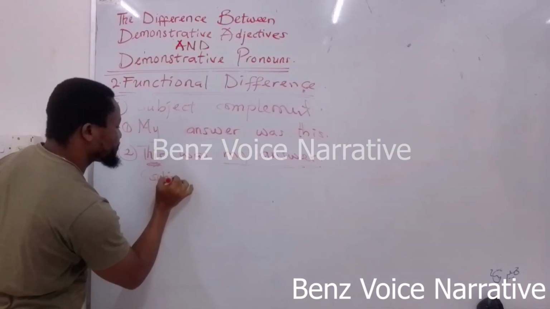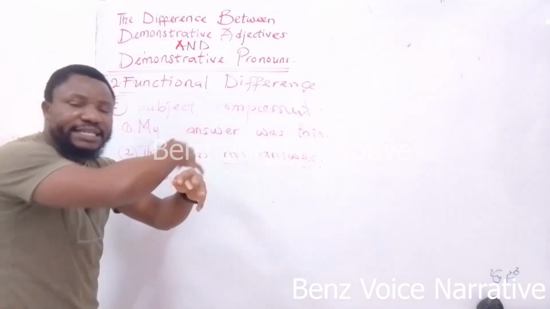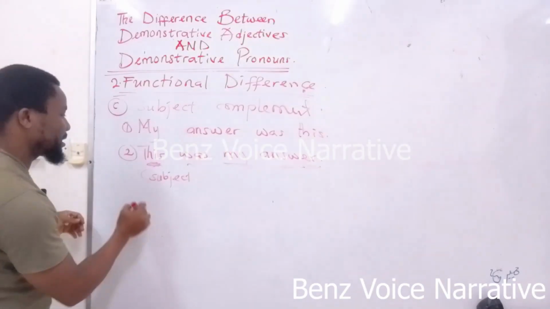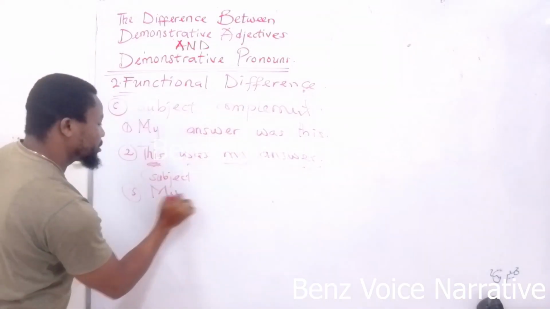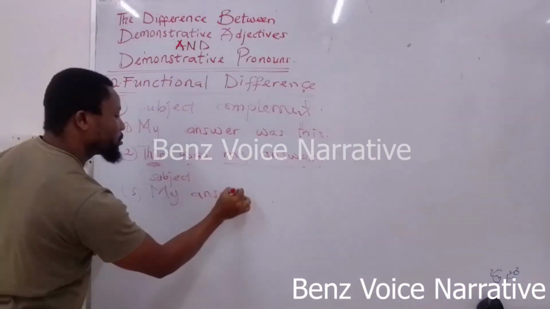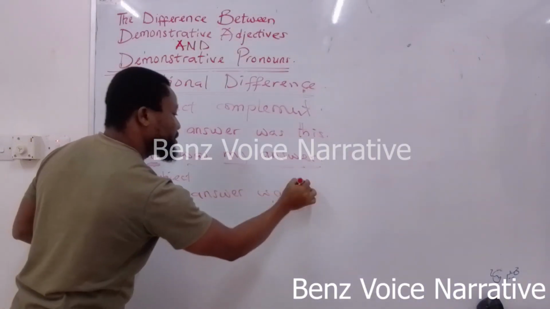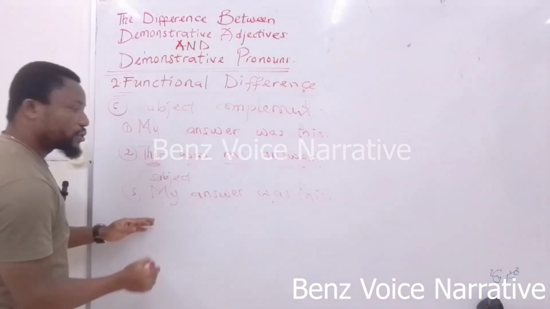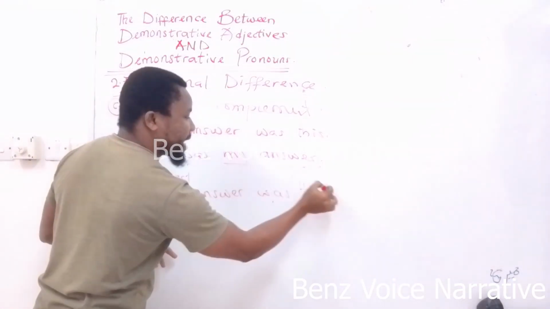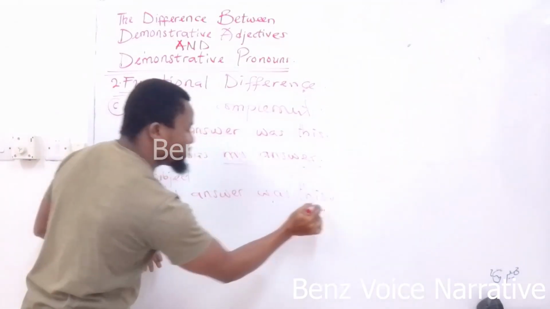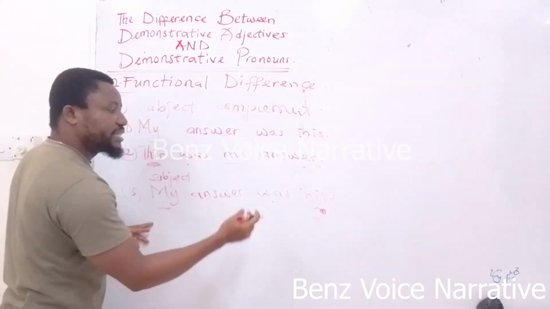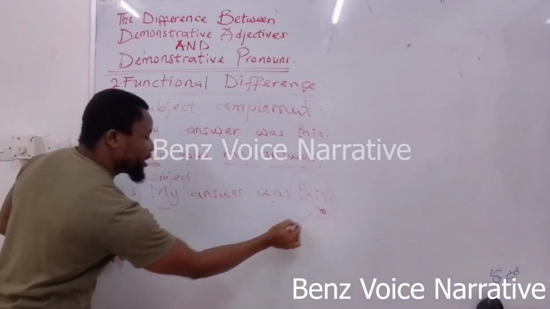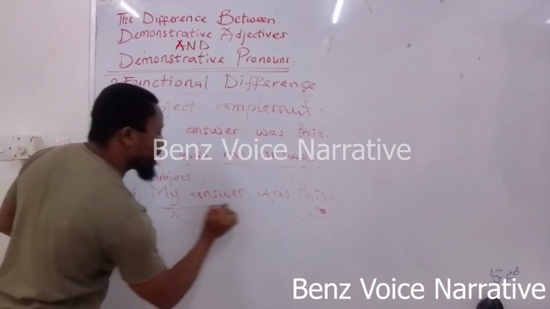Okay, the subject. Just inverse it now. You have something like number 3: my answer was this. Did you see that? So this, in this case, is the subject complement. What I'm saying is that this means the same thing as my answer.